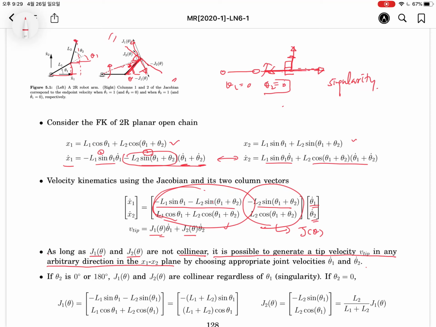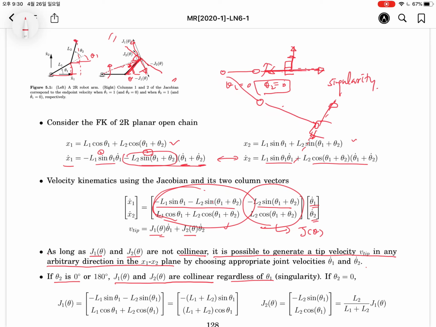As mentioned before, when theta 2 is 0, J1 and J2 will be collinear, aligned with each other. It does not depend on the angle of theta 1, because if you change theta 1 while keeping theta 2 at 0, it is still singular, since J1 and J2 are aligned with each other.